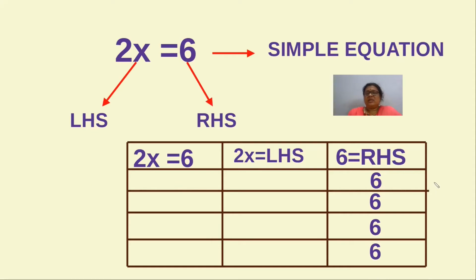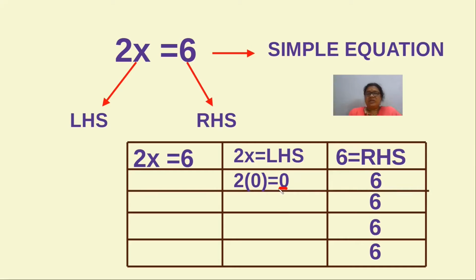Let us see. So the RHS is a constant. So you can write the constant like 6. There will be no change in a constant. If there is a variable, the change will occur. See here, if you take 0 in place of x, 2 into 0, the answer is 0. And look at this LHS and RHS.